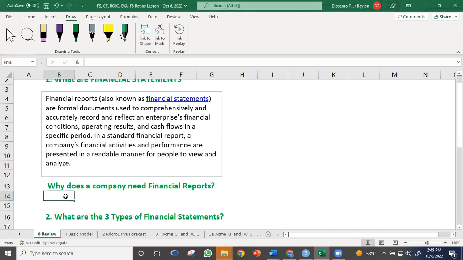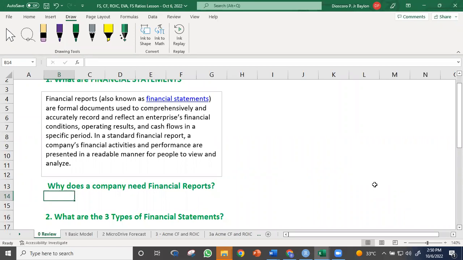It's not only the company generating the financial reports that makes use of them. First, as far as the company is concerned, this information, from summarizing, accumulating, and aggregating the transactions to come up with this standard report, allows them to analyze the performance of the firm and then use it for internal decision making.